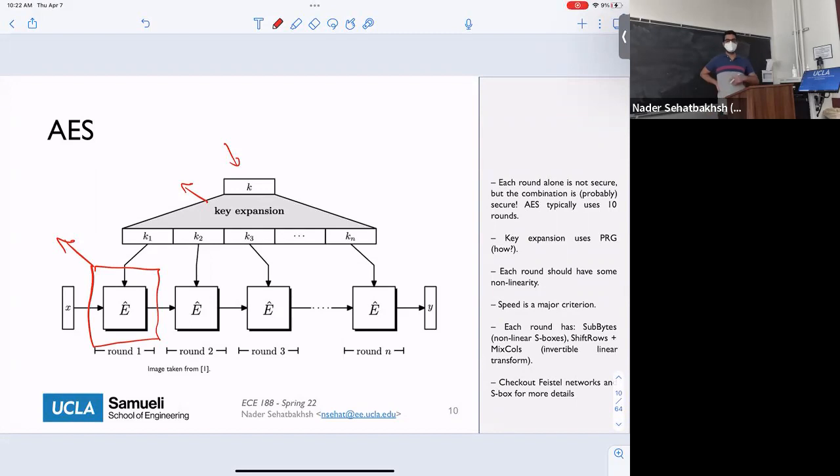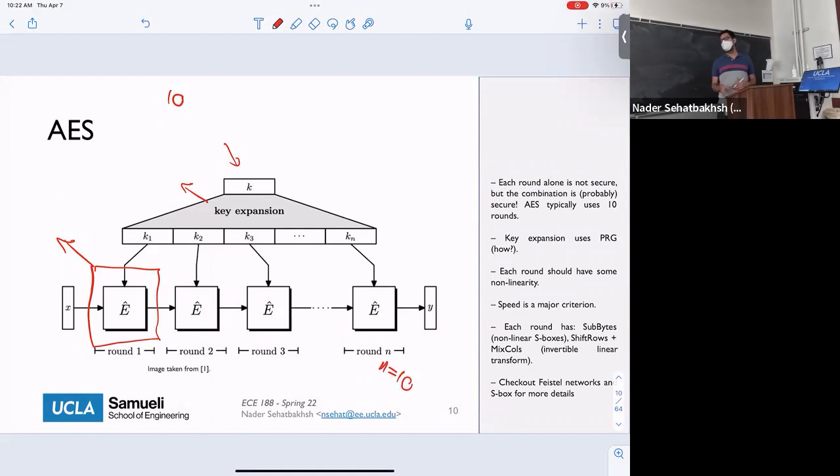You keep repeating the same thing over and over again until you reach a certain level of security that is enough for the system. Specifically, AES these days uses 10 rounds. So we have 10 of these, so N is equal to 10.